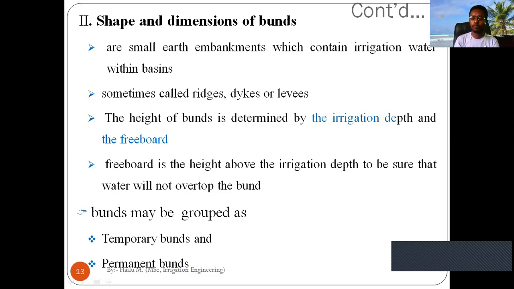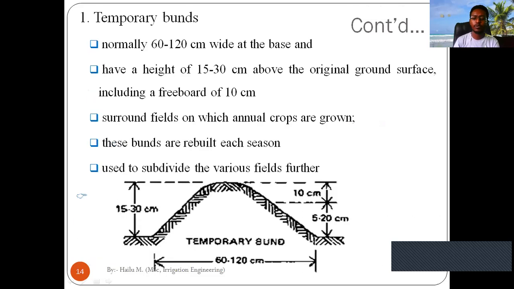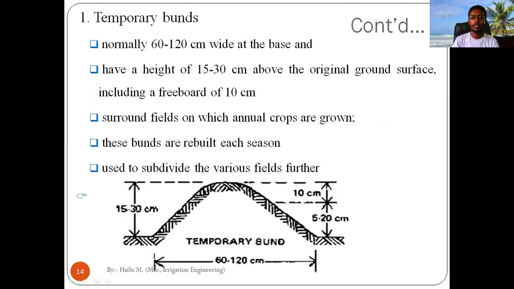The first one is temporary bunds and the second one is permanent bunds. Temporary bunds are normally 60 to 120 centimeters wide at the base, and have a height of 50 to 13 centimeters above the original ground surface, including a freeboard of 20 centimeters.